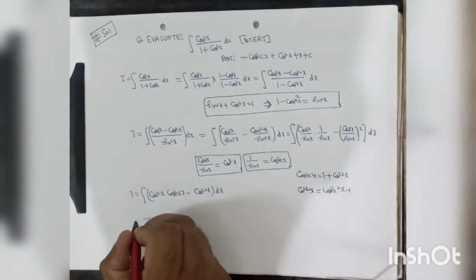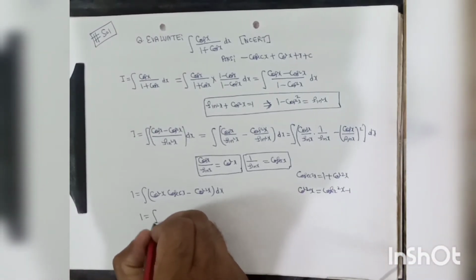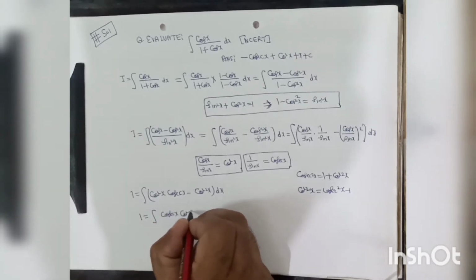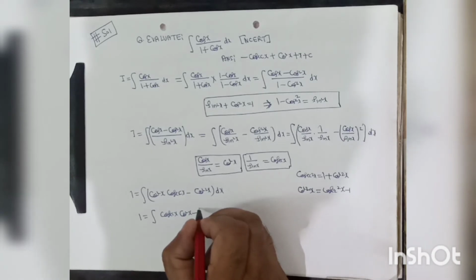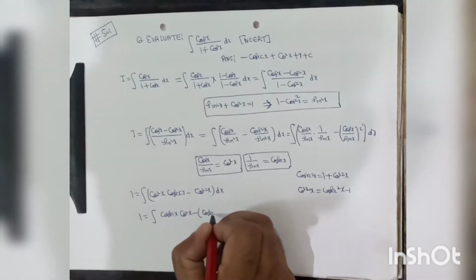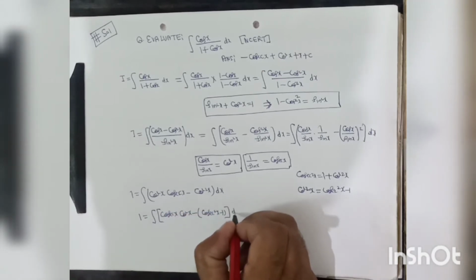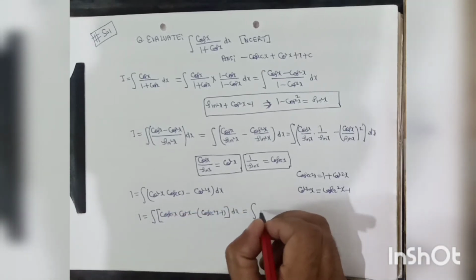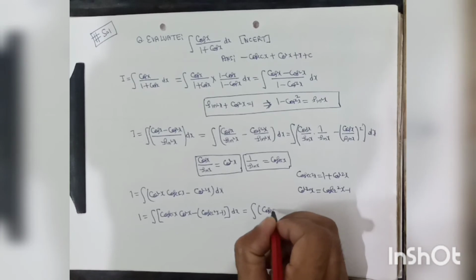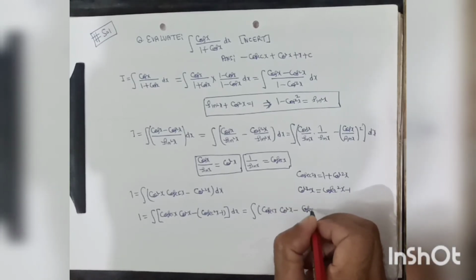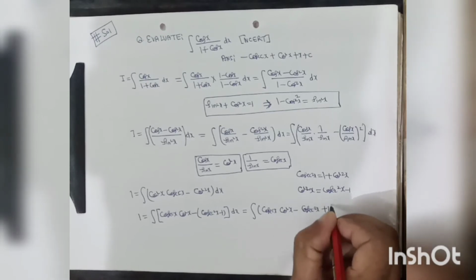So this may be written as the integration of cosec x into cot x minus, in place of cot square x I am writing cosec square x minus 1, dx. So this may be written as the integration of cosec x into cot x minus cosec square x plus 1 dx.